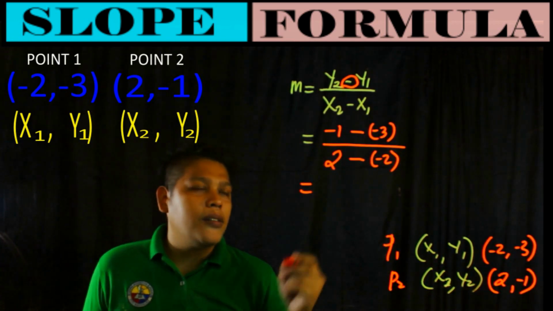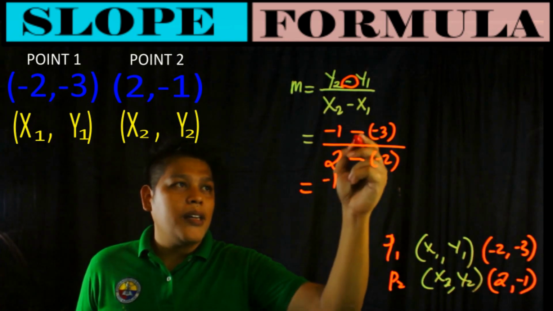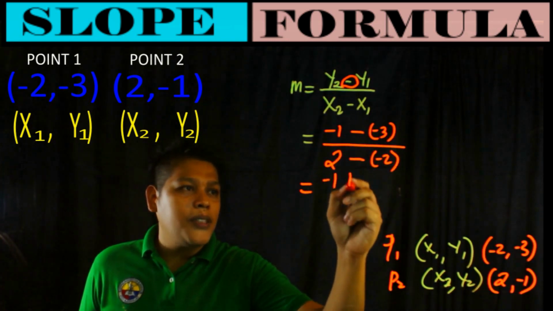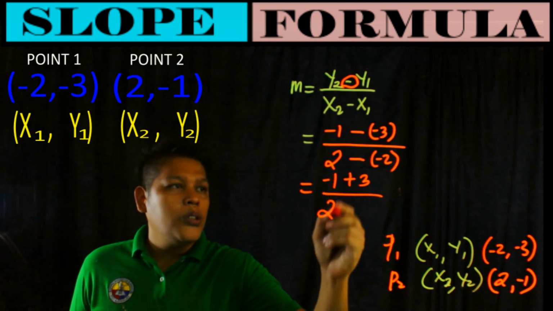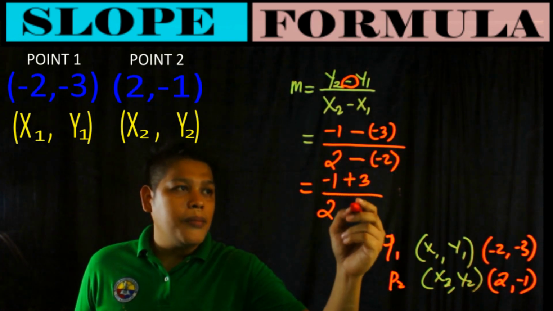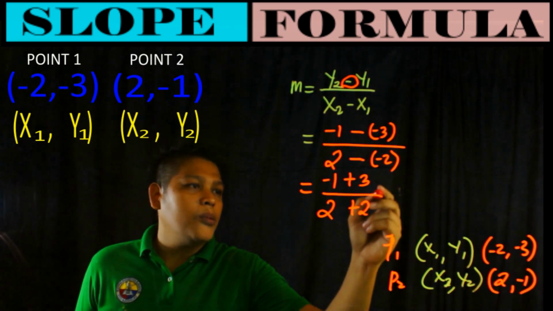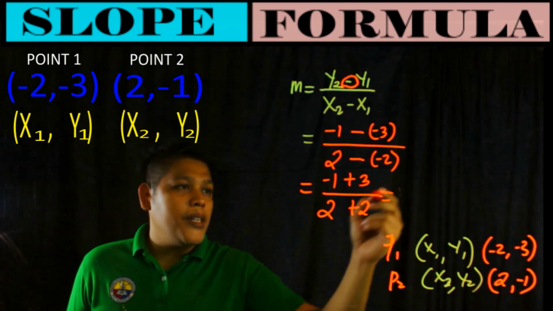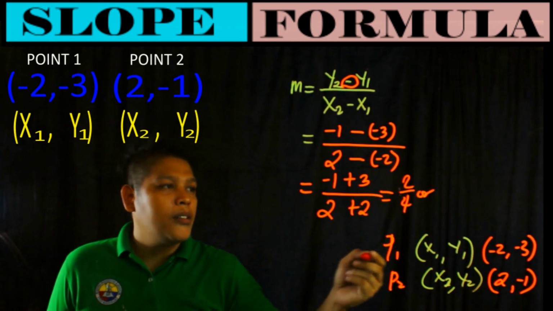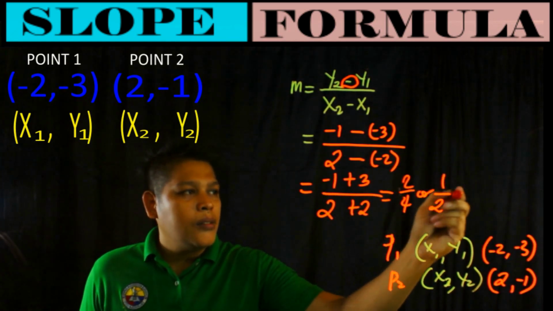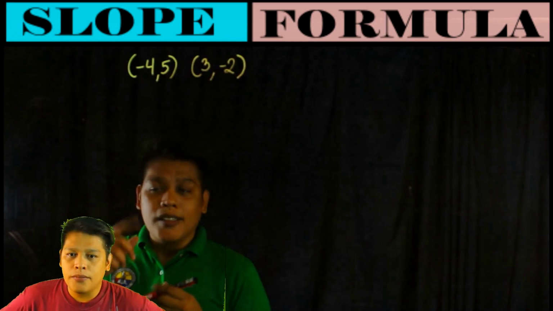So negative 1 minus negative 3, negative and negative becomes positive: 3, over 2 minus negative 2, positive again: 2. So the answer will be positive 2 over 4, or 1/2.